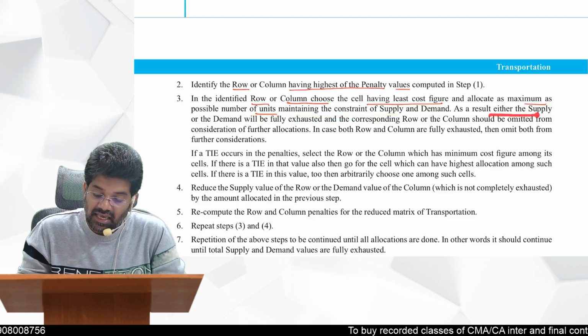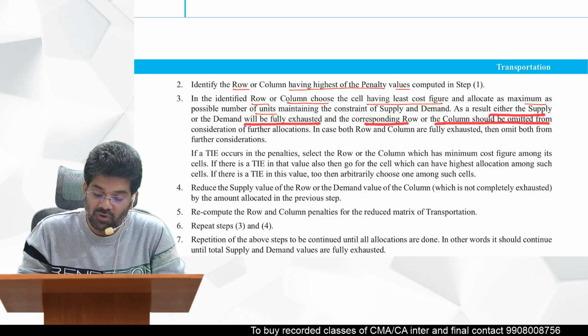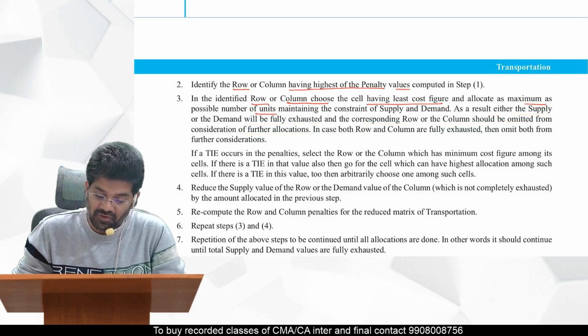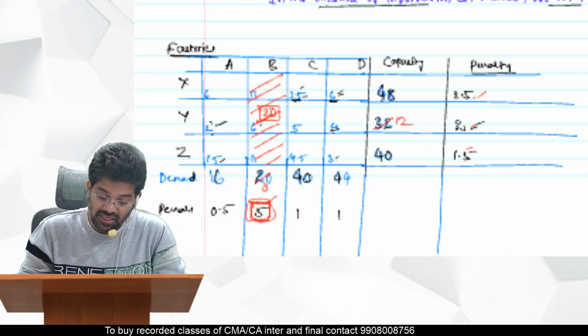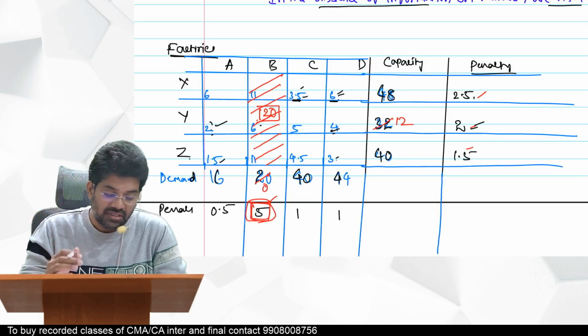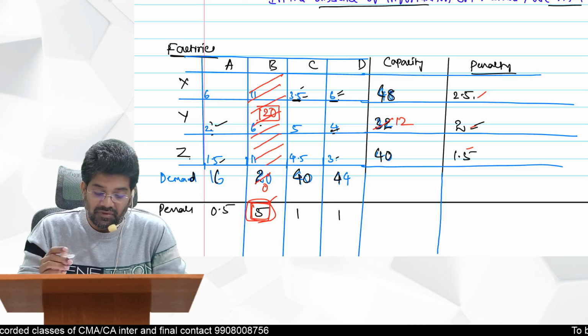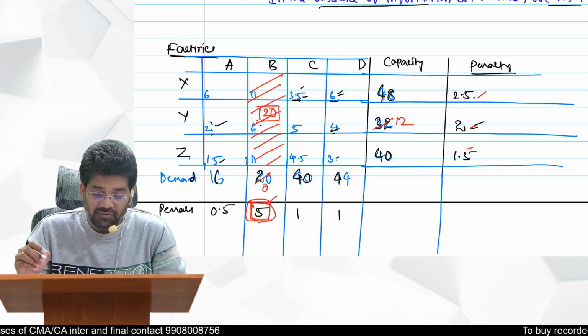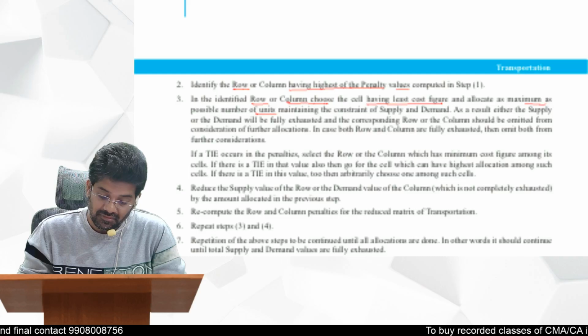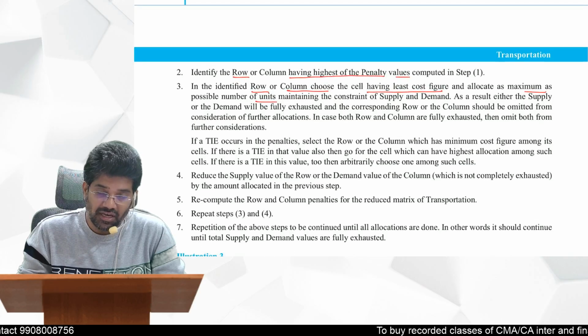As a result, either the supply or demand will be fully exhausted, and the corresponding row or column should be omitted from consideration of further allocations. That is what we have done. Since this got exhausted, we have struck it off from our next calculations.